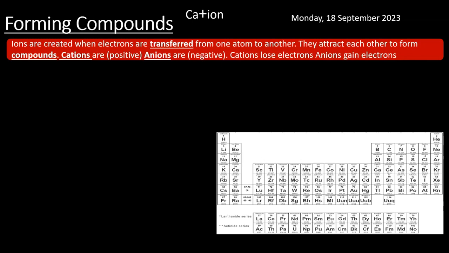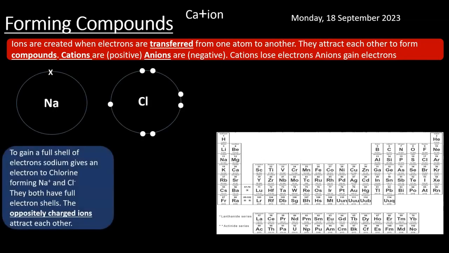The elements on the left, the metals, will lose outer electrons, forming positive ions. The non-metals on the right will gain those electrons to form negative ions. And here's an example. In the example shown, sodium with a single outer electron will transfer that electron, losing it, becoming a positive ion, and the chlorine atom gaining it, becoming a Cl- ion.